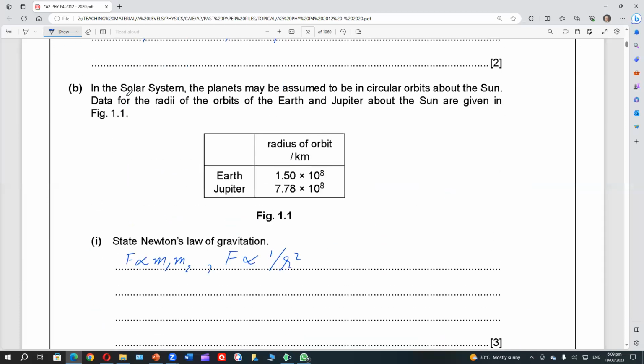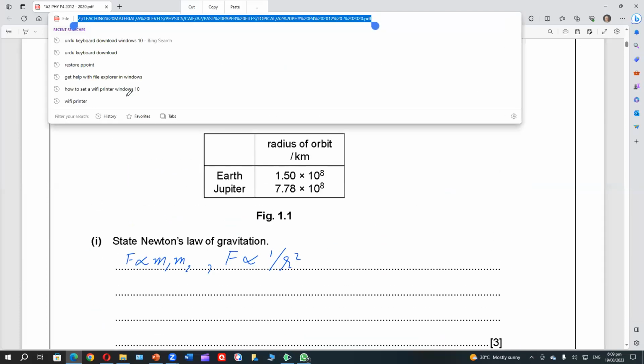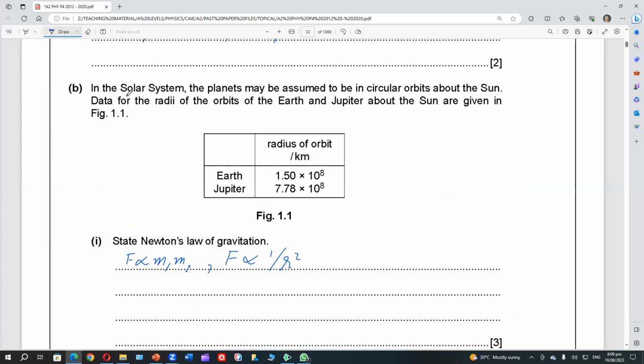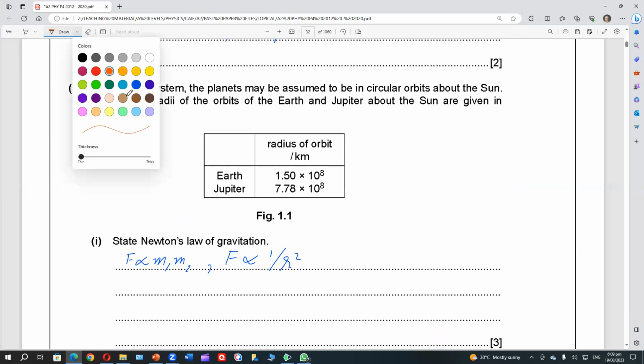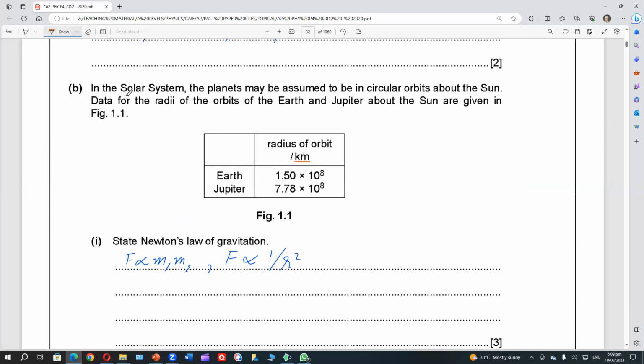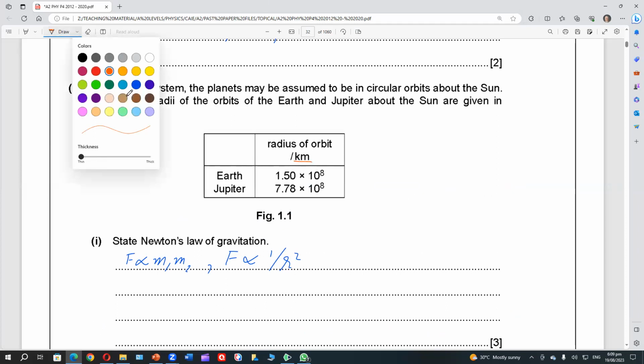I'm not changing kilometer to meter. Why? Because it's a fraction.